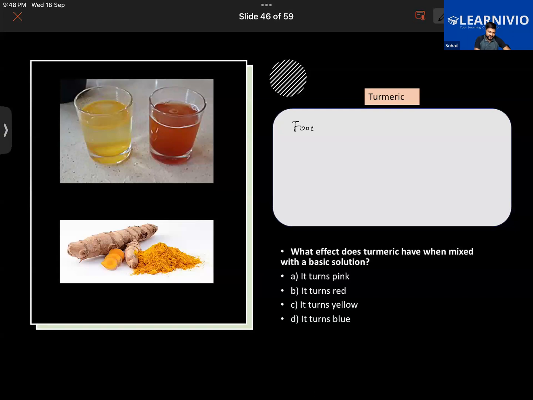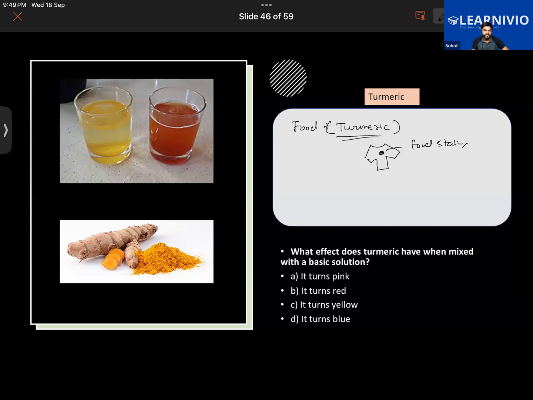Say you have eaten some food which contained haldi in it, which is basically turmeric present in that food. Now upon washing the stain on the cloth, let us say there was a food stain here. You guys tell me, what does washing powder contain?